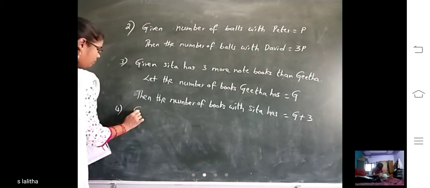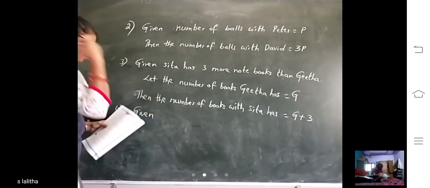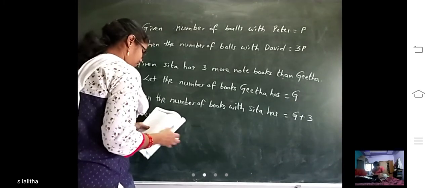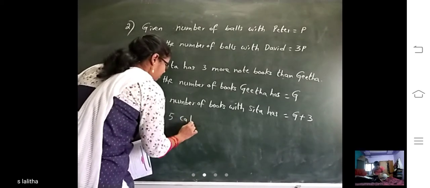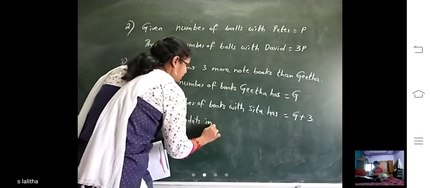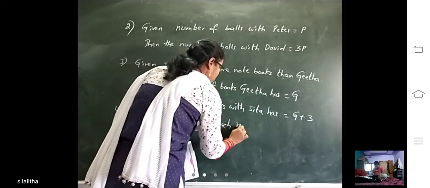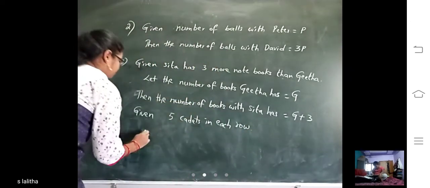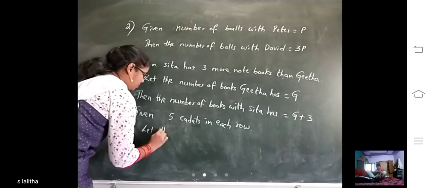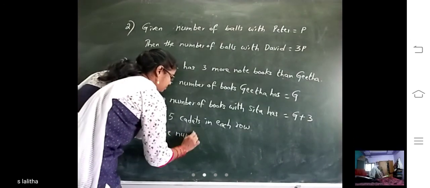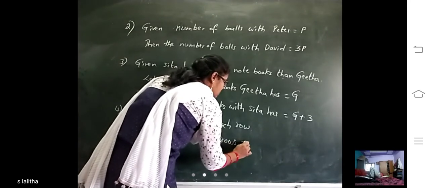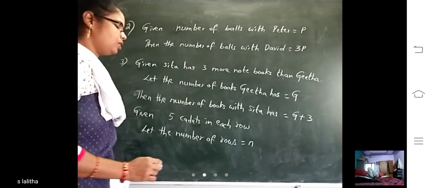Given 5 cadets in each row. Let the number of rows be n.